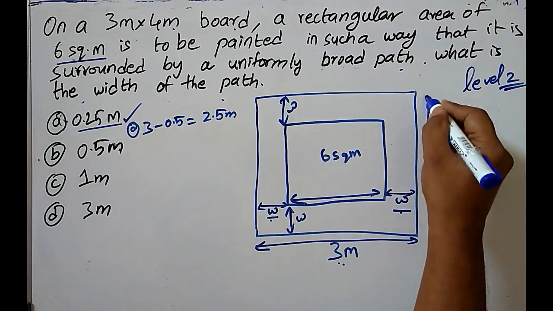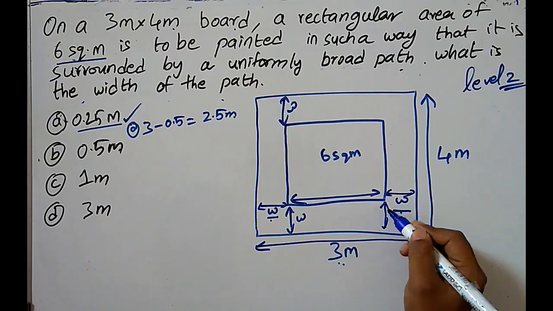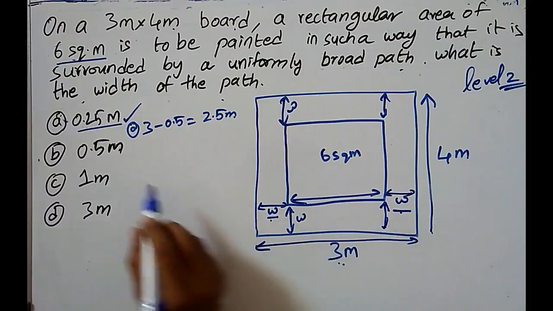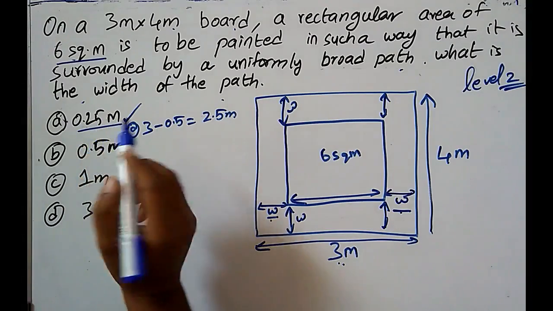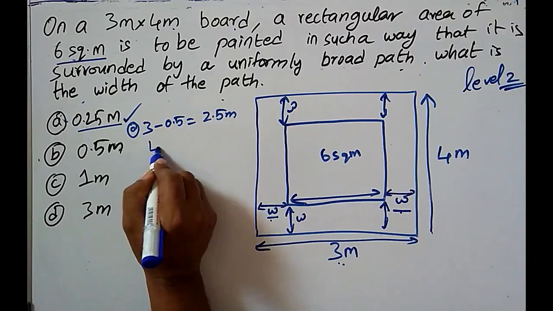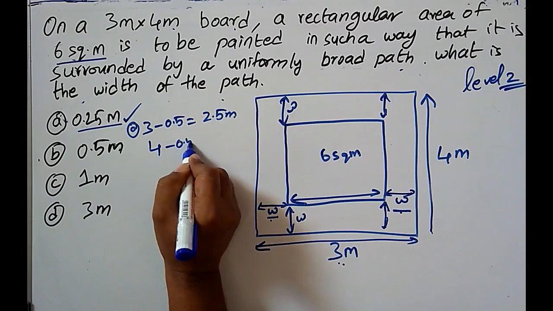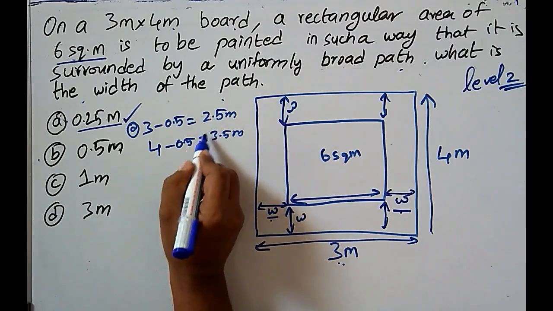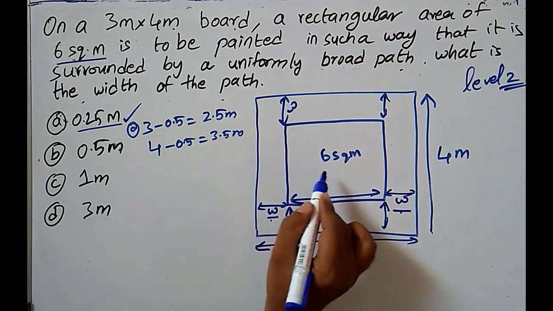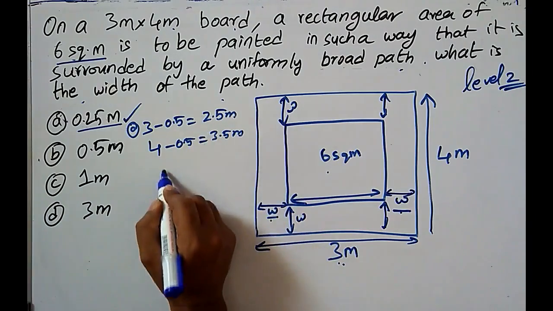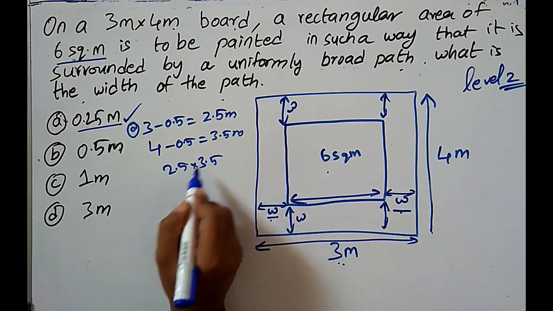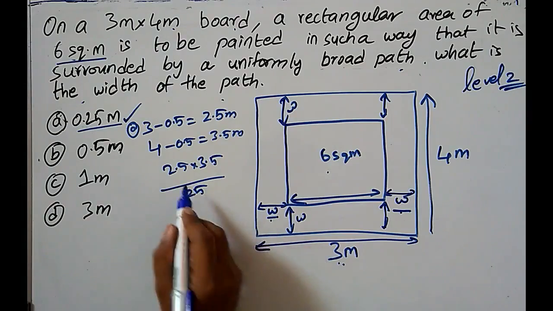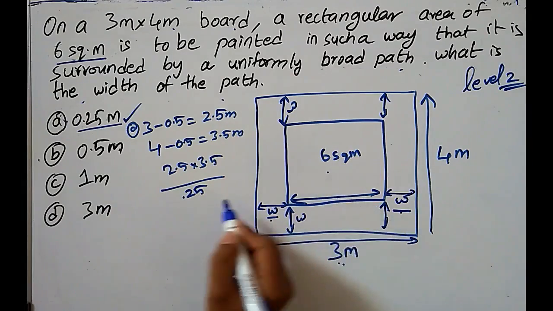On this side, we have to subtract two widths, 0.25 plus 0.25, that is 4 minus 0.5, that is 3.5 meters. If we multiply this length and breadth, are we getting 6 square meters? No, 2.5 into 3.5, I am getting something like 8.75. So I am not going to get this answer.